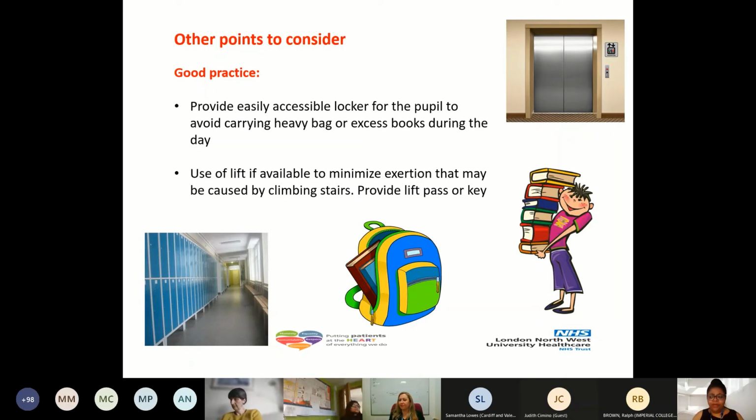So if schools can provide lockers or some way for the child to put their books and heavy bags, to minimise all the stress and effort, because they'll end up very exhausted and it can bring on sickle crisis pain. And if they're having any bone pain, to use a lift, have a lift key, something like that. It would be really great things to consider.